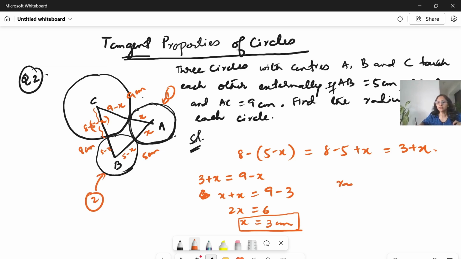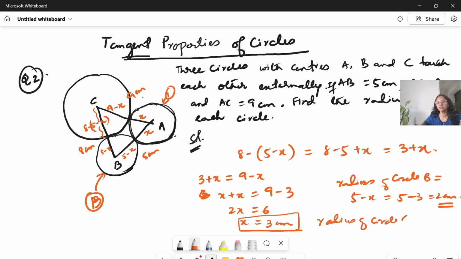Let us take it as A, B and C. This is circle B. So the radius of circle B equals 5 minus x, which is 5 minus 3, which is 2 centimeter. And if we say circle C, what will be the radius of circle C?